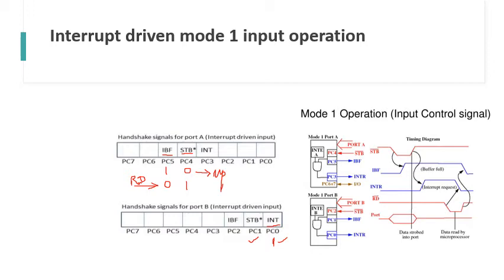It interrupts the microprocessor and urges it to read the new data. When the microprocessor reads the data, the read signal input pin of 8255 goes low, indicating a read operation. When this read operation starts, INT goes low as it has accomplished its purpose of interrupting the microprocessor and telling it to read the data.